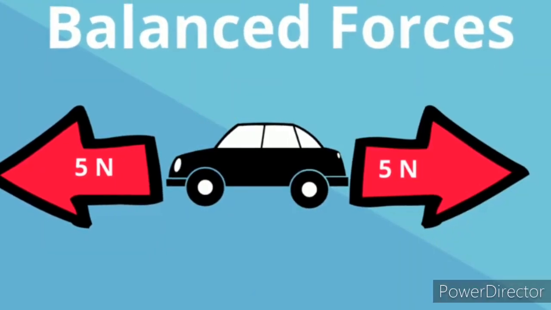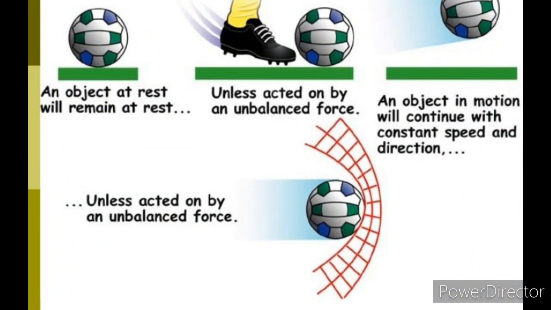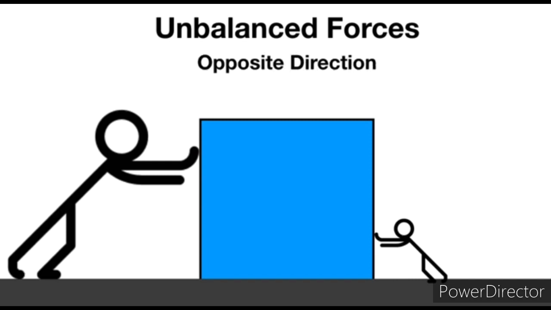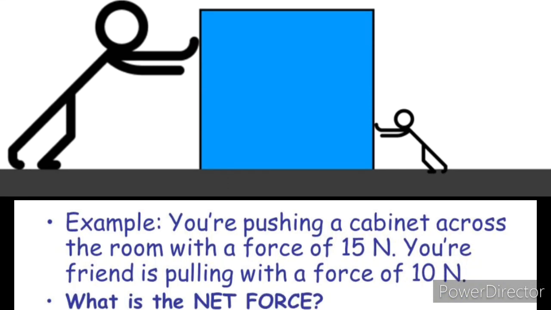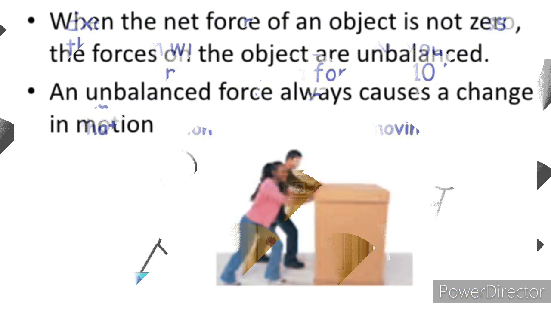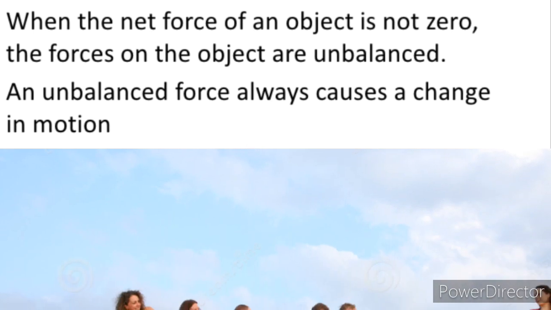Balanced forces will cause an object to remain stationary or not moving, and continue moving in the same direction at the same speed, as shown in the picture. Now, when unequal forces act in opposite directions, this is what we call unbalanced forces. Unbalanced forces will cause an object to speed up, to slow down, or change direction.